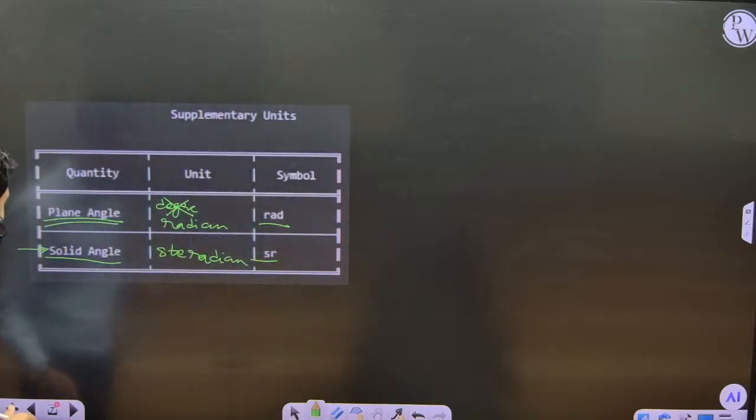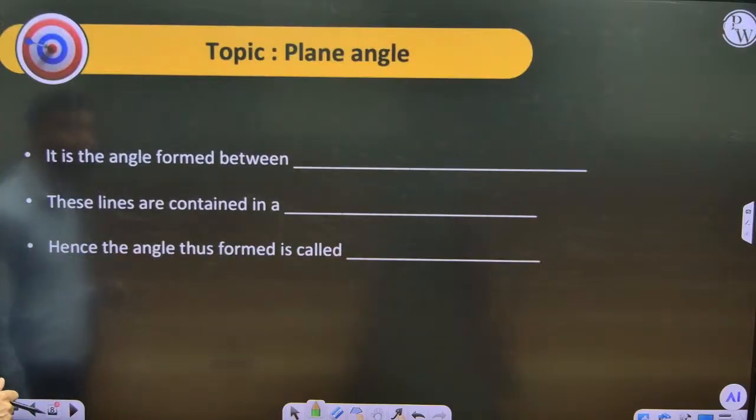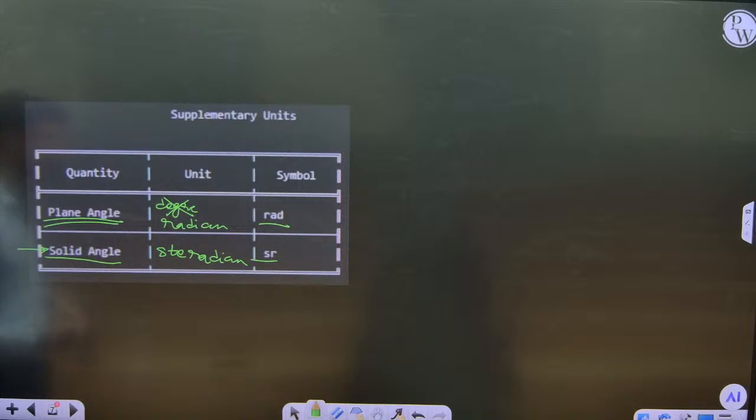Let's check what plane angle is. You can take this down.